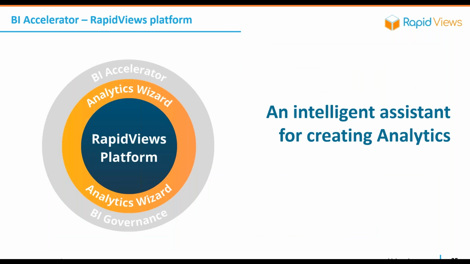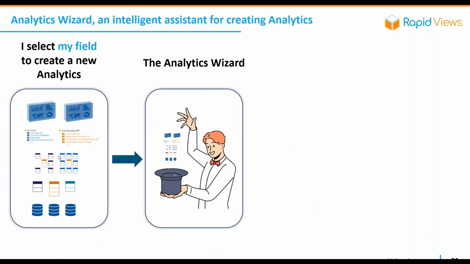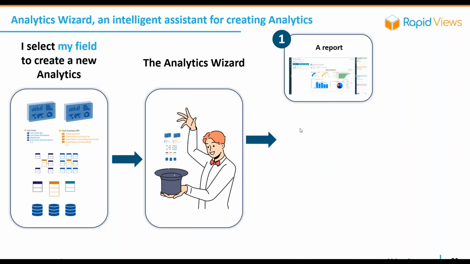We have this concept of analytics wizard, intelligent assistant. What if you could select any table, any view, any report, and drag and drop it into a kind of basket, right? A bucket, this concept of wizard. What if the system told you, when I drag and drop this information, I already have a report that contains all the different fields that you selected?